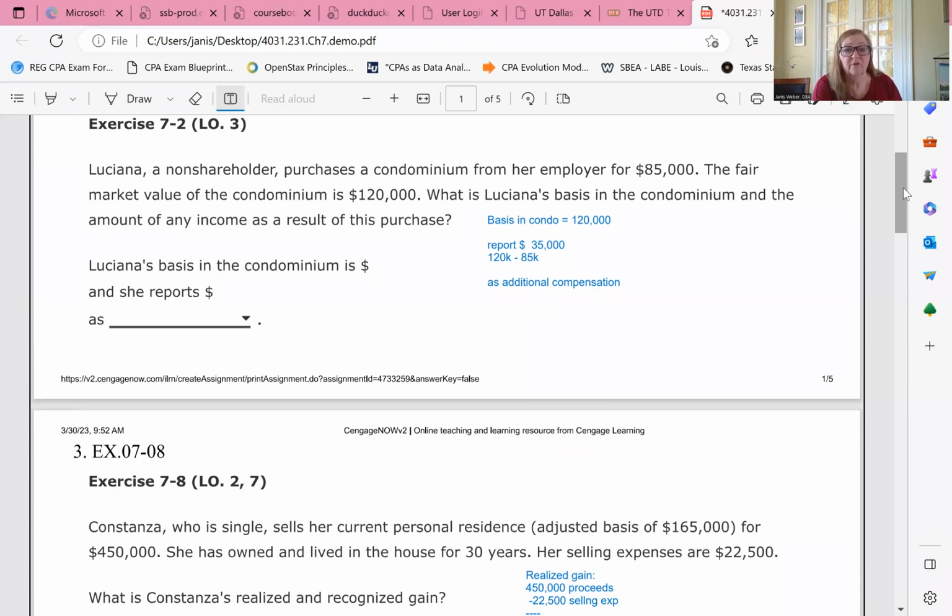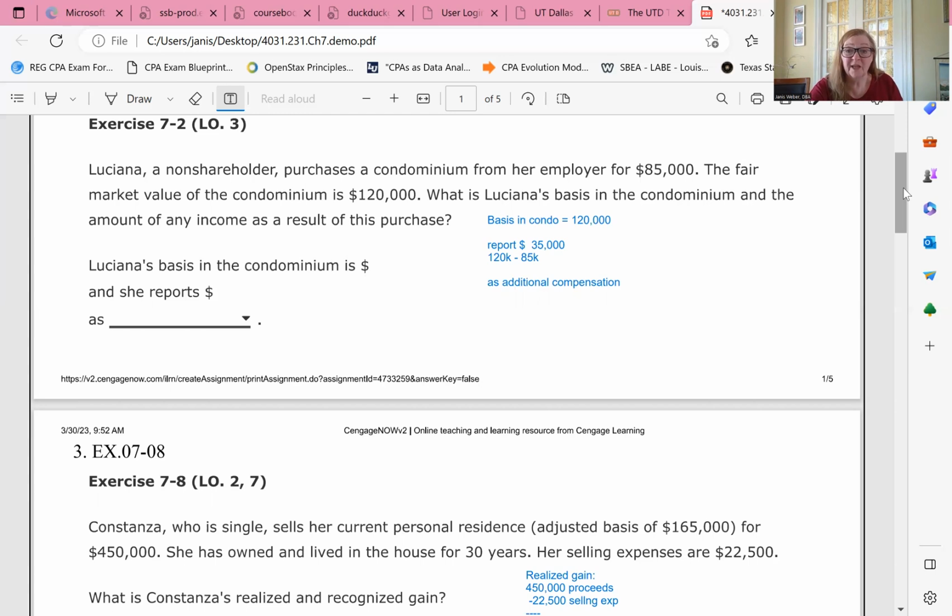The fair market value of the condominium is $120,000. So this right here is triggering something. As soon as you see that it's worth $120,000 and she bought it from her employer for $85,000, she got a bargain purchase from her employer. That difference is automatically going to trigger in your head, uh-oh, I bet she has to pay tax on that discount they gave her. And surely that's what the issue is here.